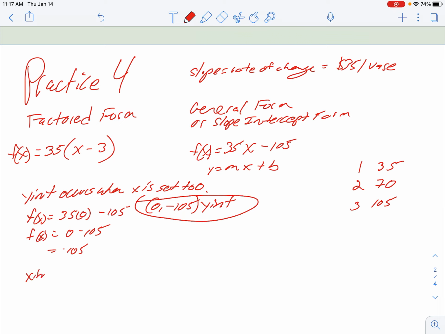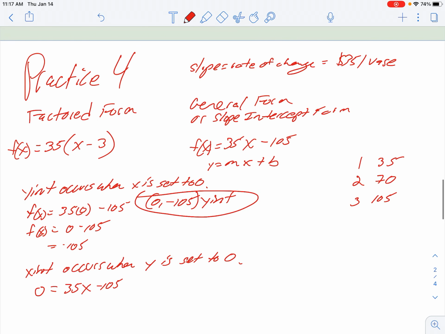For the x-intercept, as we said earlier, it occurs when y is set to 0, or when the output is set to 0. So 0 equals 35x minus 105.